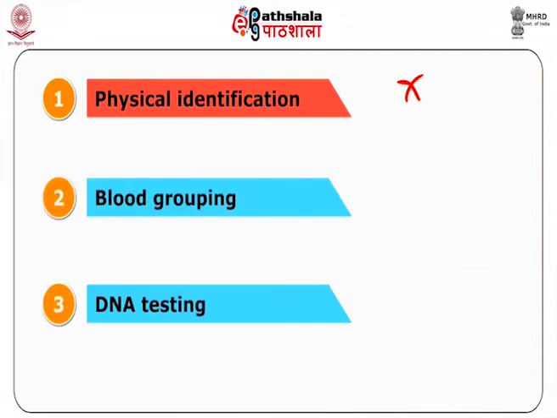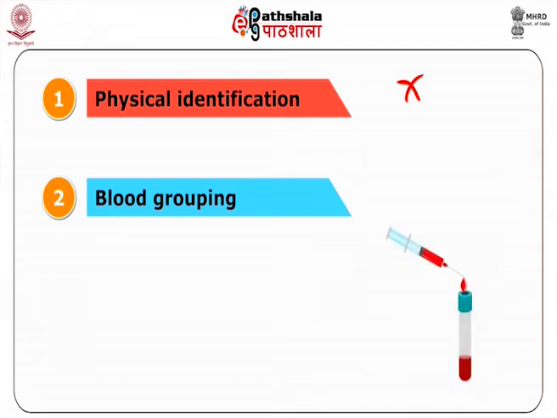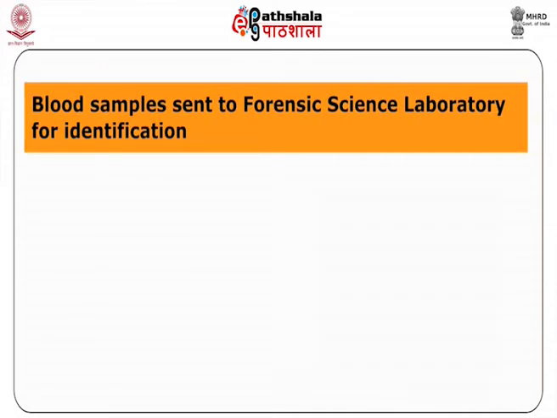Now, the second process is of blood grouping. The blood samples of the child, the original parents, and also that of suspected parents were taken and sent to the Forensic Science Laboratory for identification.